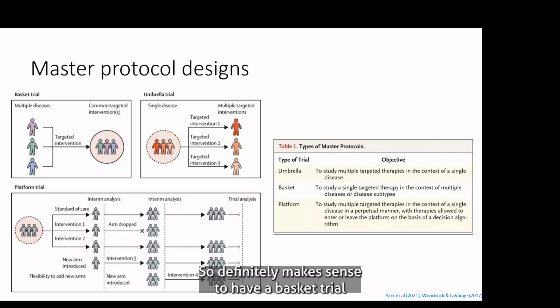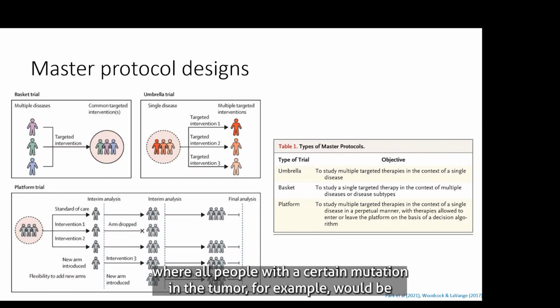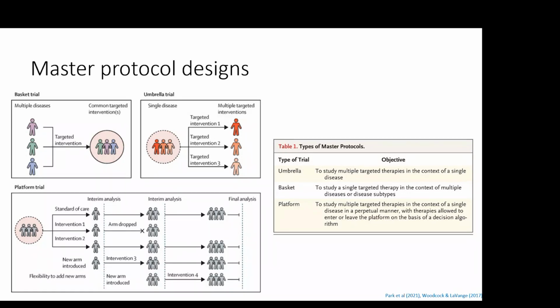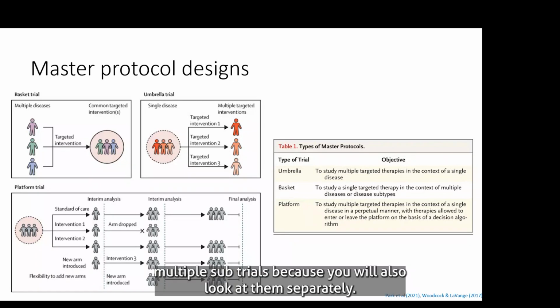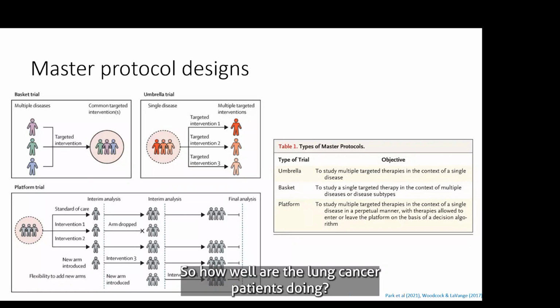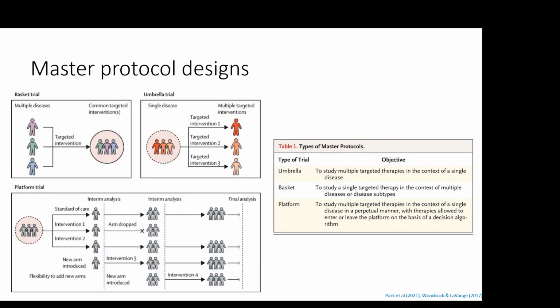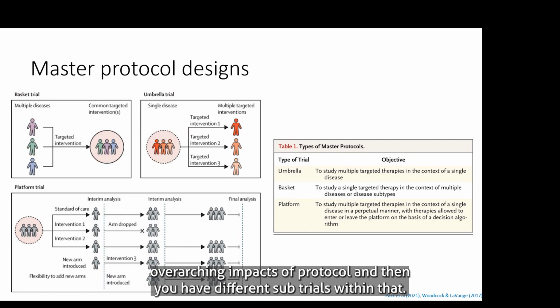So therefore, it makes sense to have a basket trial where all people with a certain mutation in their tumor, for example, will be included regardless of whether that cancer is in their lung or wherever. And therefore, you essentially create multiple sub-trials because you will also look at them separately. So how well are the lung cancer patients doing? How well are the, I don't know, head and neck cancer patients doing? But you have this overarching master protocol, and then you have different sub-trials within that.